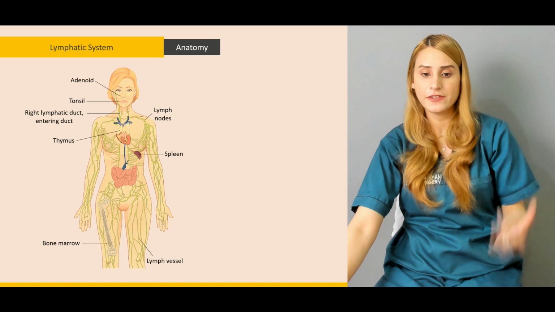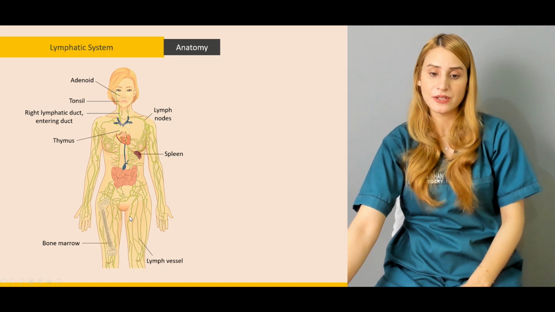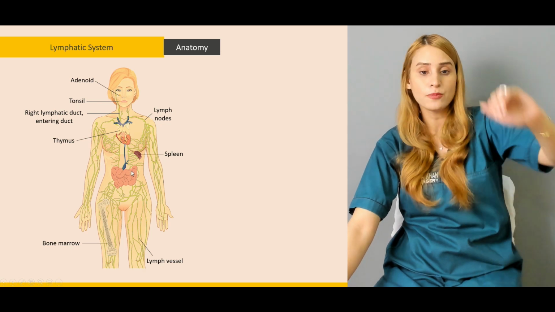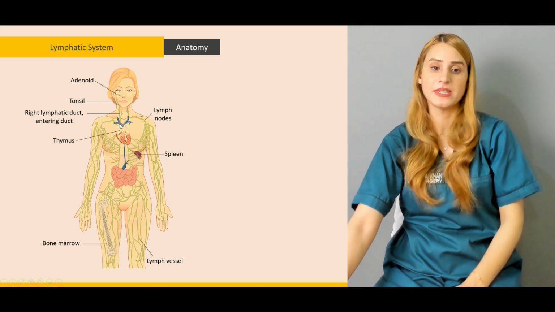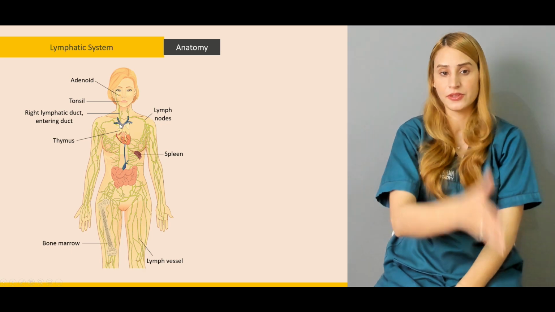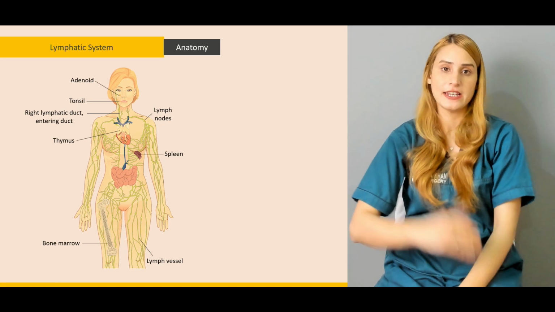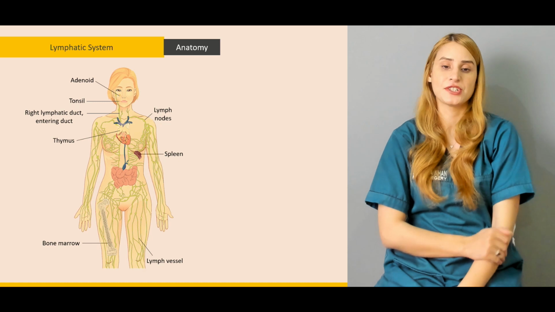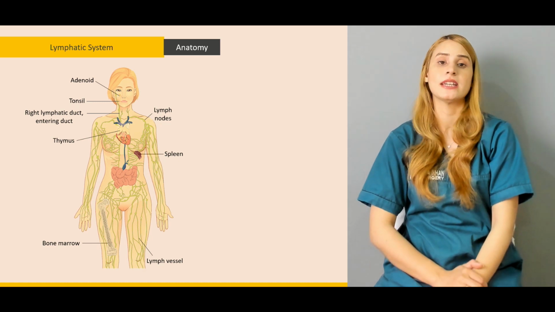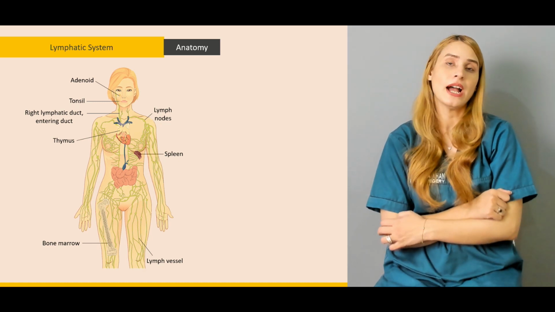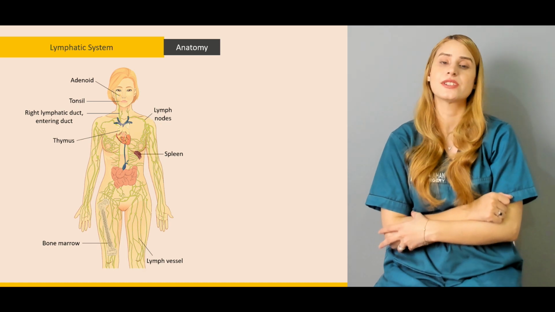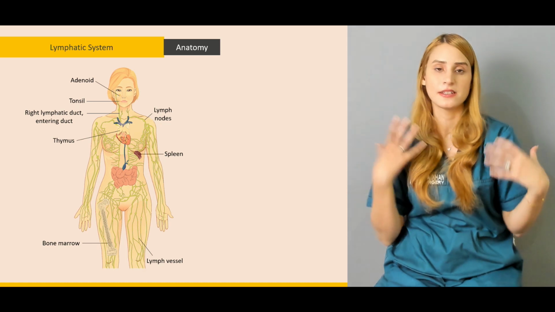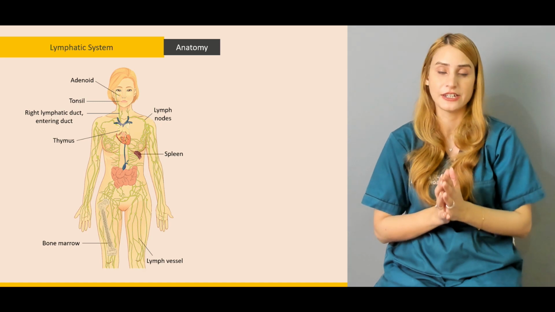So these lymph nodes are connected to each other through the lymphatic vessels, and they ultimately ascend upward, and both of them drain ultimately on the right side. There's a right lymphatic duct, and the thoracic duct, and the left side is draining into the subclavian vein. So all this returns to the venous system, and ultimately it again becomes a part of the circulation.